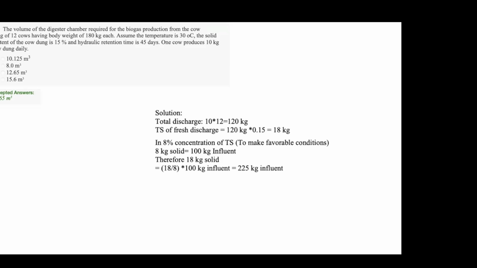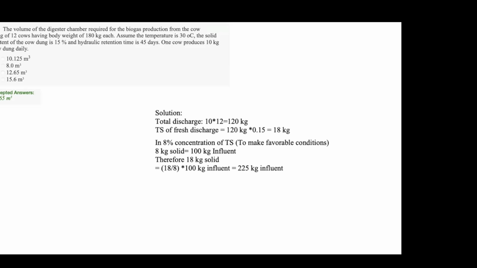Now we know that for favorable conditions in the digestion process, we use 8% concentration. So 8% means 8 kg of solid in 100 kg of influent. But we have 120 kg of fresh discharge, which has 18 kg of total solid.